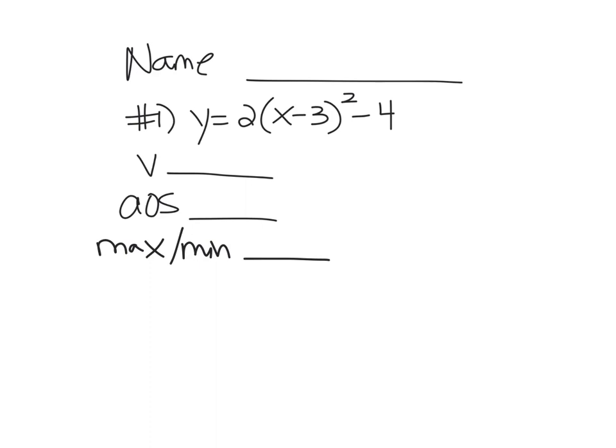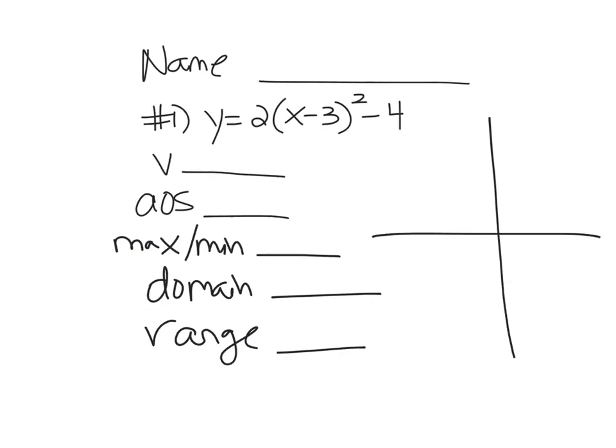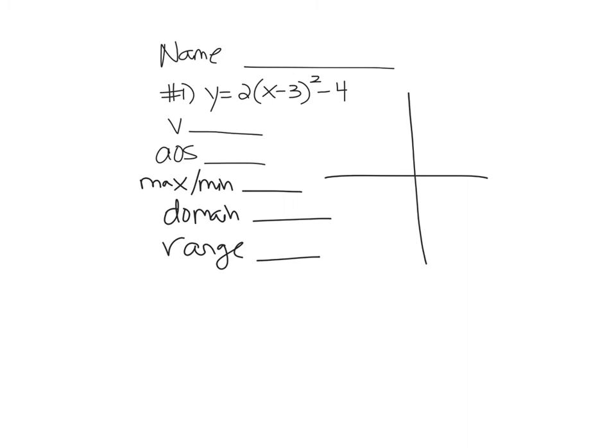Then I want you to find the domain and the range, and I want you to graph it. Okay? So that's number 1. You're going to copy all of that down on a piece of paper, and you're going to try that problem. And then for number 2, you're going to do this.